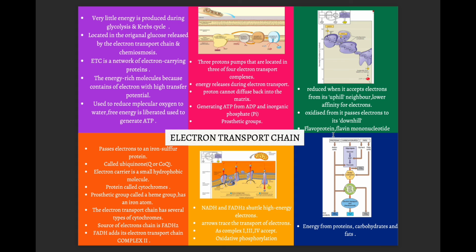It has a prosthetic group called flavin mononucleotide, FMN for short. The next point is that it passes the electrons to an iron-sulfur protein.